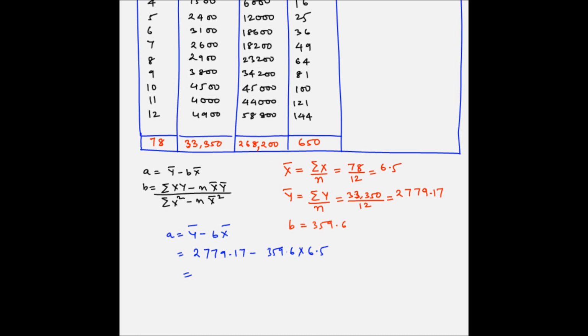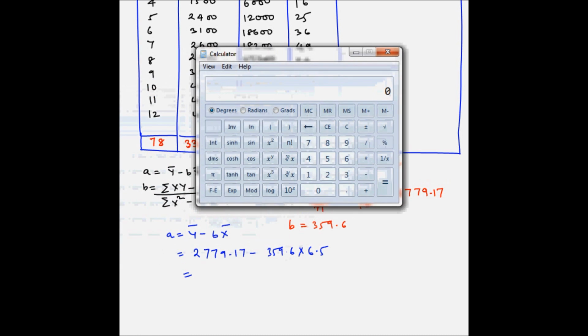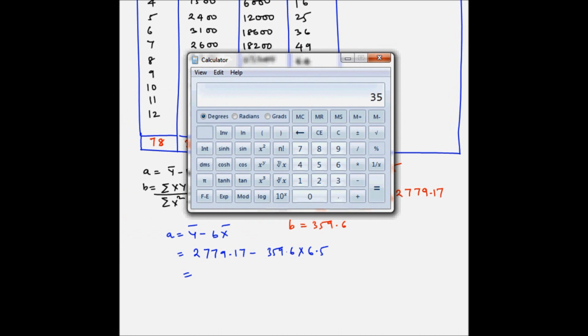So this is equal to, let me pull the calculator here. So 359.6 multiplied by 6.5 minus, and add this to 2779.17. So the value is 441.77. So this is equal to 441.77. So this is the value of A.